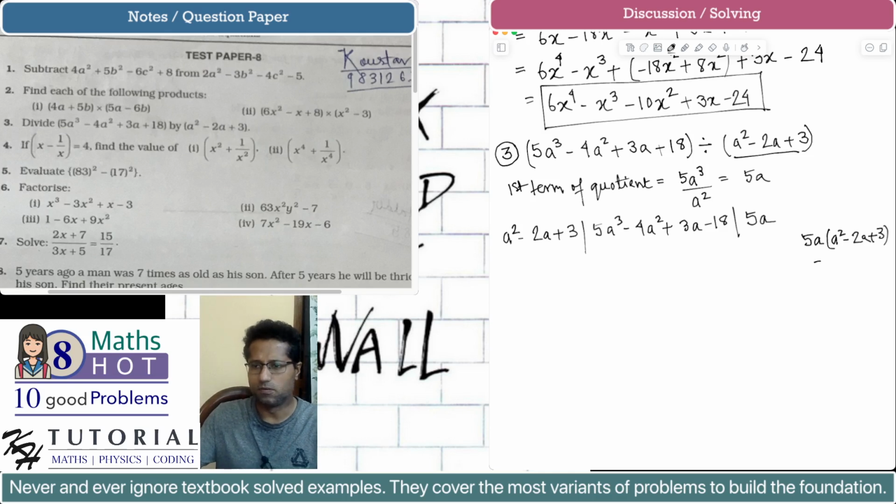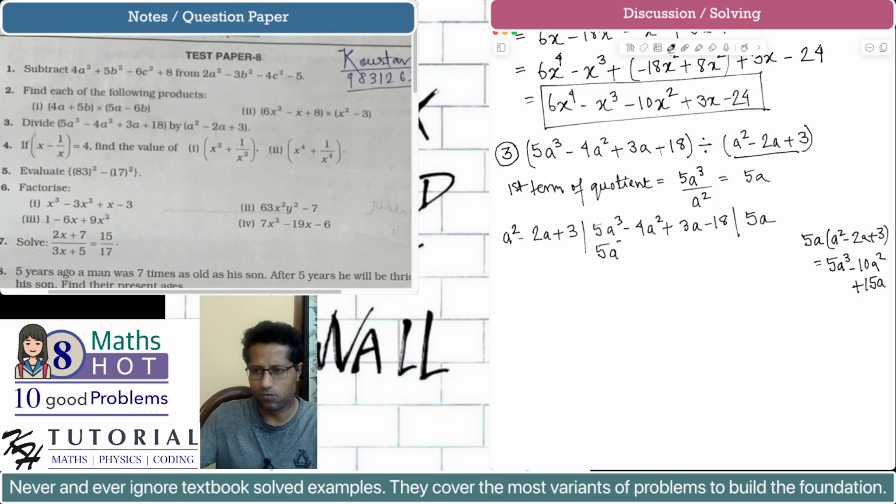This is equal to, so this is a kind of side calculation I am doing, 5a cube minus 10a square plus 15a. So I have to subtract this from the dividend.